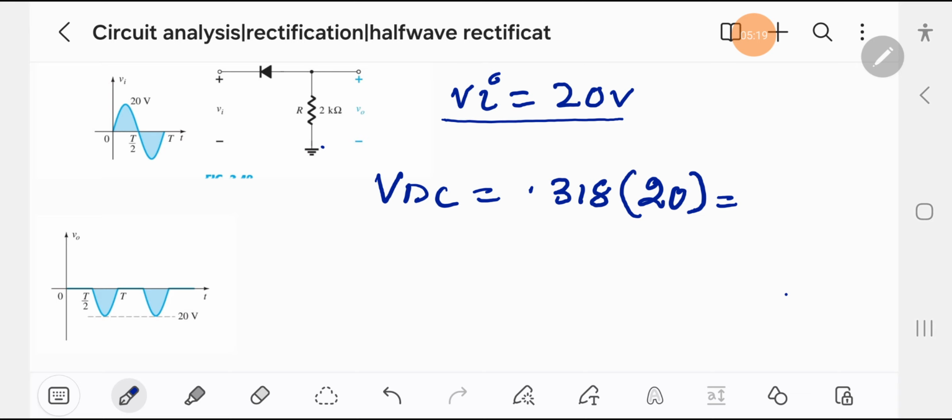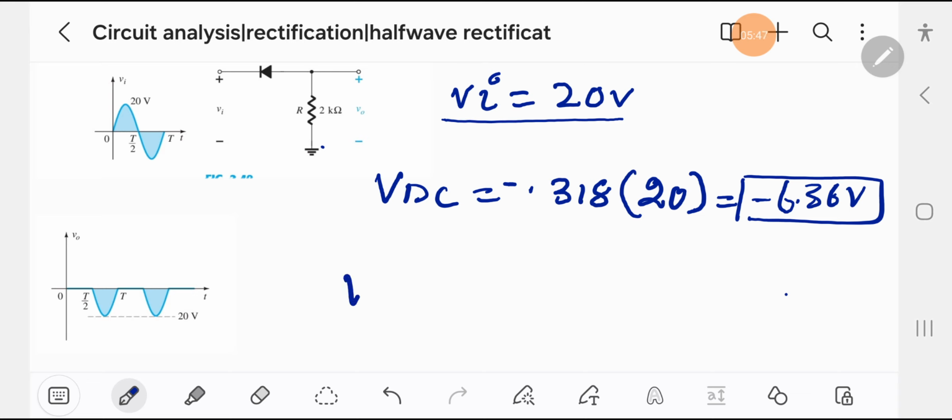For an ideal case, we use a minus sign in this formula because the diode and the input voltage are in opposite direction. So for the ideal case we got this value.